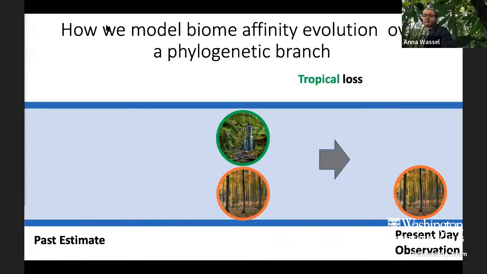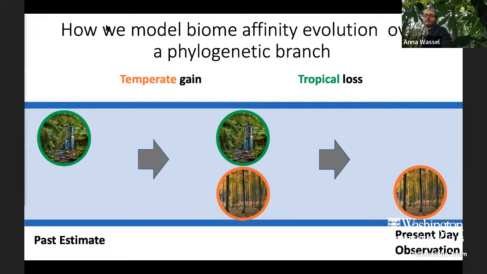Working back through time with a normal model, we'd be detecting shifts along the phylogenetic branches we're showing here. So in this instance, it lost a tropical affinity, and it used to be a generalist ancestor. Go even farther back in time, and it was actually just a tropical ancestor that gained a temperate affinity and lost a tropical affinity.